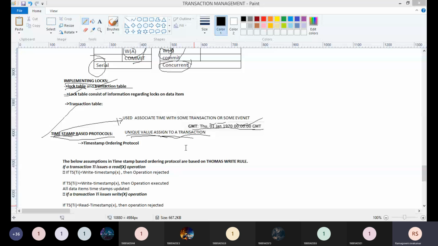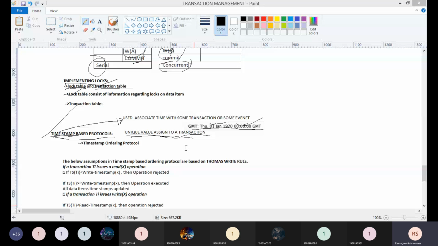Sir, you explain the diagram, then only we can understand. Yes, sir, your voice is stuck. We can't hear. It's not clear, sir. Your voice is not clear. Okay. Are you getting my voice clear or not?